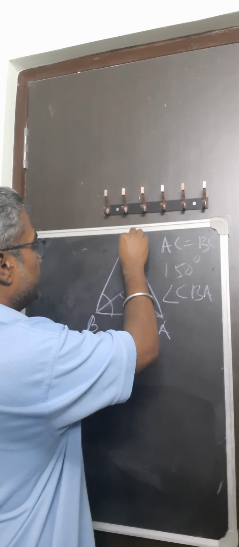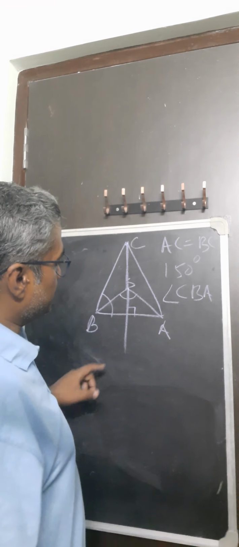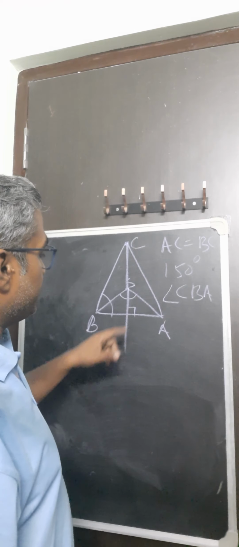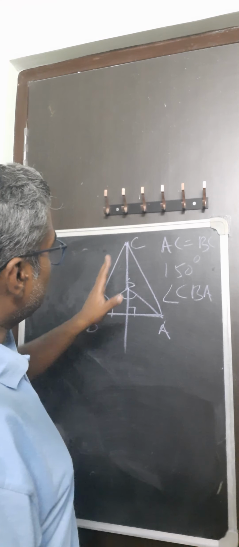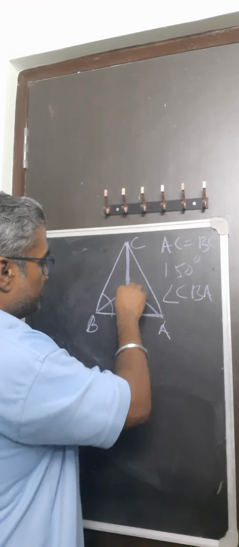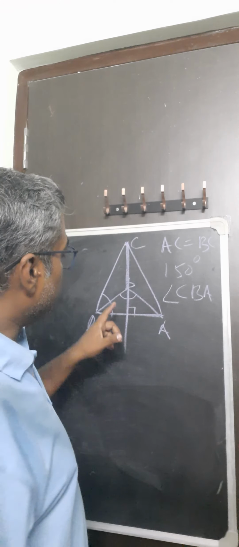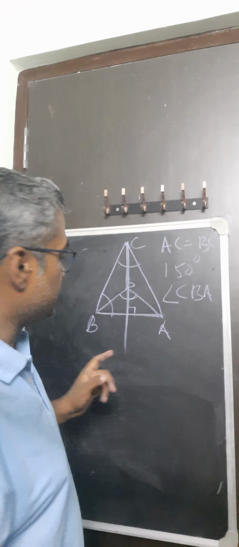If I join C to S and then further extend it, it will become 90 degrees here on the third arm. So this vertical line will divide this angle and this angle into two equal parts.